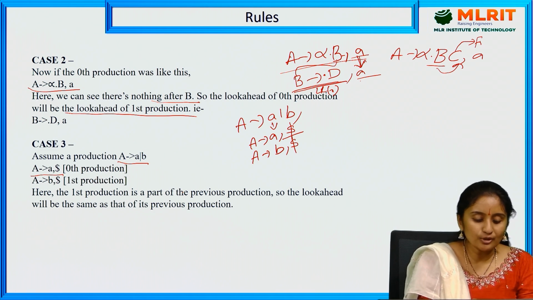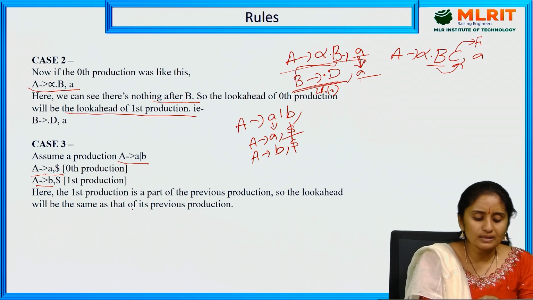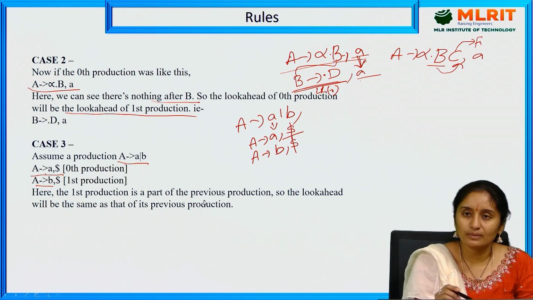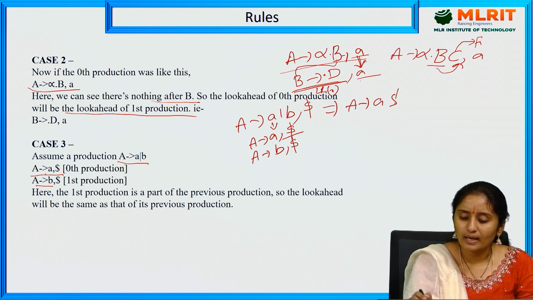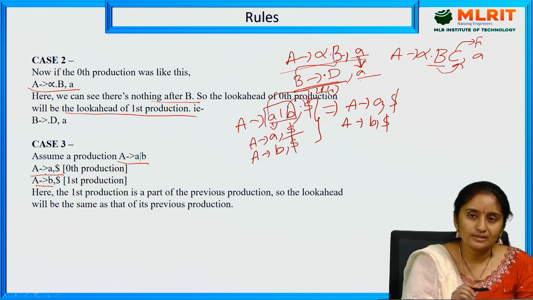Here the first production is a part of the previous production, so the look ahead symbol will be the same for both productions, nothing but A tends to A or B, dollar. So I can write this as A tends to A comma dollar, A tends to B comma dollar. This implies that if dollar is there and I have the or symbol, both point to the same look ahead. That is the meaning here.